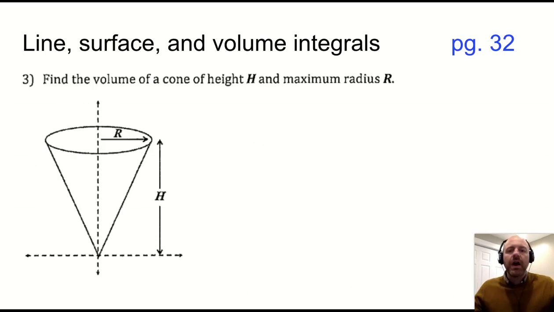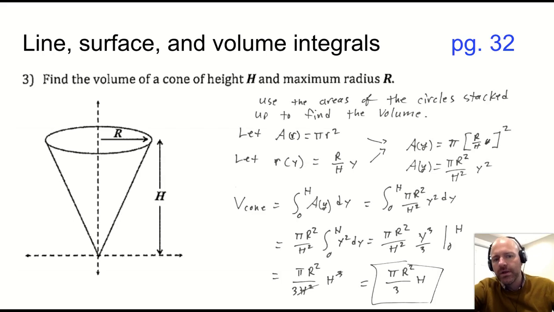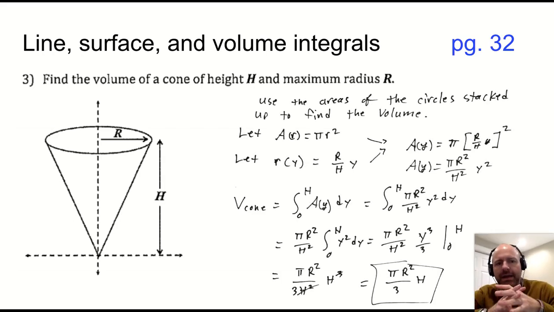You can do this with other shapes. Here's a cone, which is a little more complicated because each circle, as you go from 0 to some height h, is slightly bigger. Each of those circles has an area equal to pi r squared, and that radius depends on the ratio of capital R, the maximum radius of the cone, over h times how high up you go.